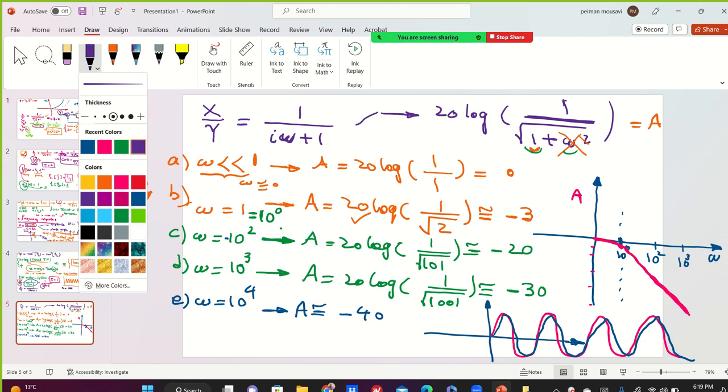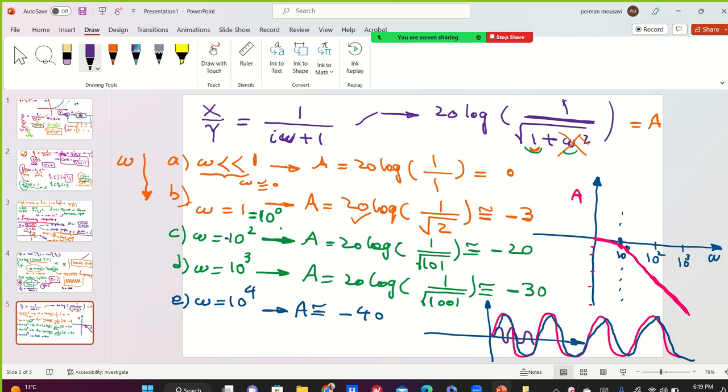But when you increase the frequency, it's going to be like this eventually. The output of the system, amplitude decreases. Amplitude decreases. See what I'm saying? For higher frequency. Understand, everyone?